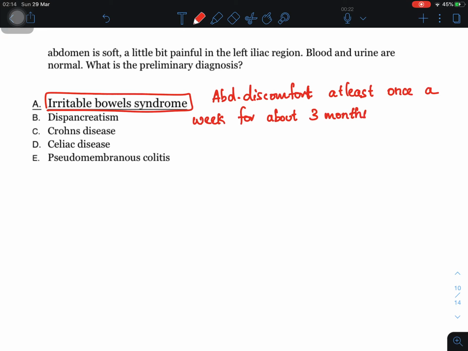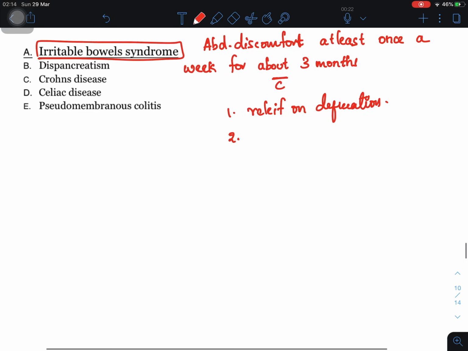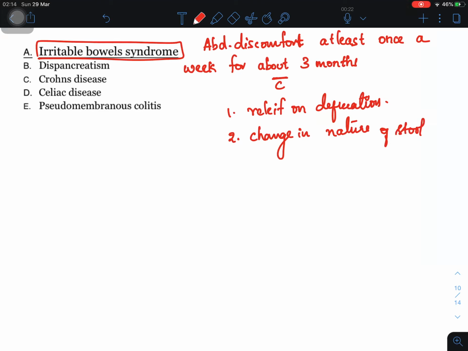No. At least once a week for about 3 months, always associated with relief on defecation. And the second thing is change in the nature of stool. The third thing is change in the frequency of stool.